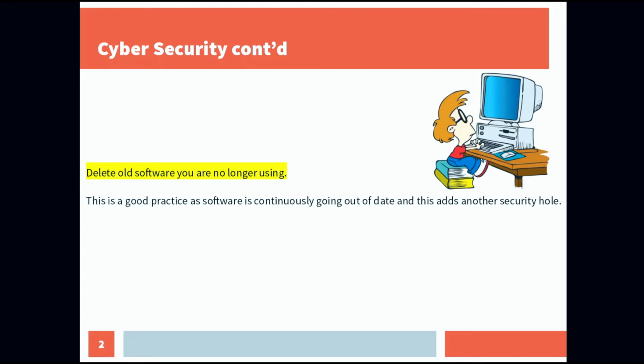Having outdated software on your computer can be a problem too, because that software might get compromised in some way, and it's on your computer, so now you're compromised. This is a good practice, as software is continuously going out of date and adds another security hole. So you get the gist of that.